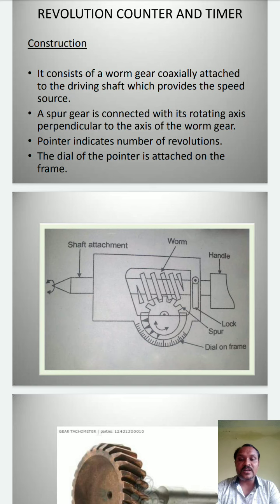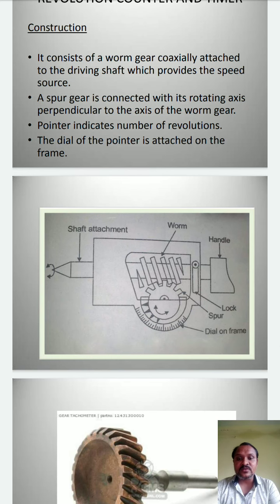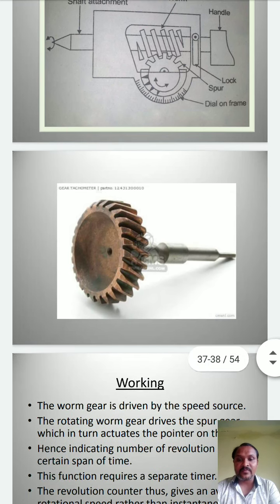As it starts to move, it is attached with the shaft, rotating in the clockwise direction. As it moves, the worm gear starts to move. As the worm gear starts to move, it is attached with the spur gear, so accordingly it also starts to rotate, and that will be directly connected with the dial frame indicator, and that will be shown on the pointer.